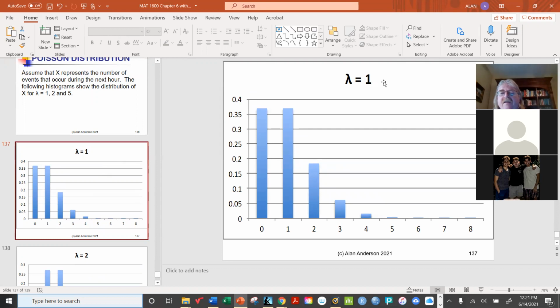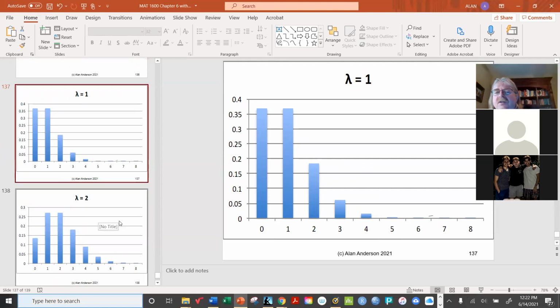With lambda equals 1, interestingly enough, the probabilities of getting either x equals 0 or 1 are identical to each other, which does happen sometimes with the Poisson distribution, and then it falls off very, very rapidly. So this is a unique characteristic of the Poisson, the fact that these two are the same. Although it does look very similar to the case of the binomial with a low pi. It's skewed to the right, like the case that we saw in chapter 3.